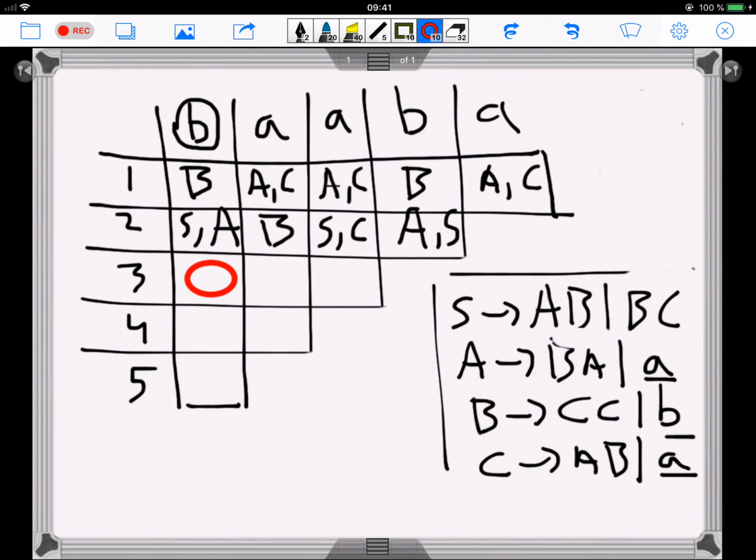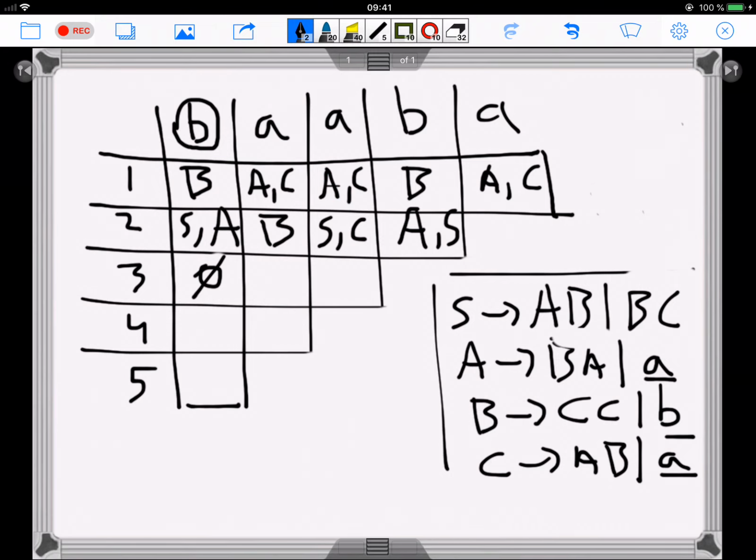There are no variables generating SA or SC or AA or AC. So what we do is to write the empty set here. No variables generate that substring.